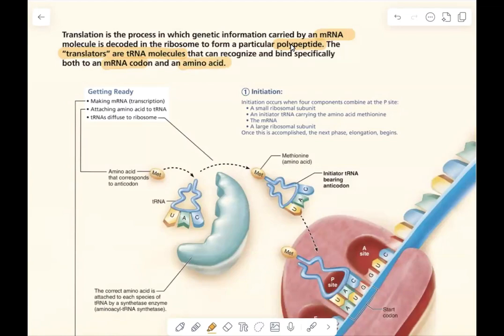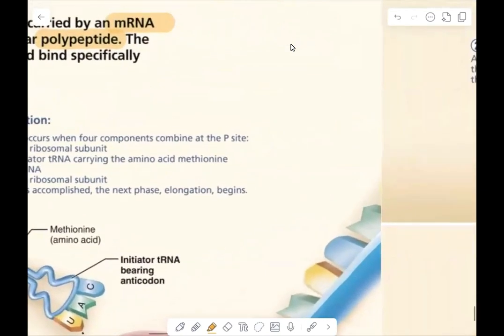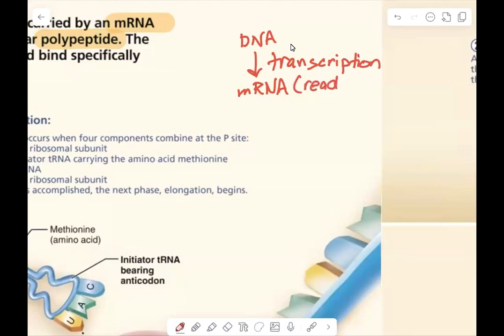So the big picture here, the simplified version, is that the DNA is going to be transcribed into mRNA, and that happens only in the nucleus. So that is transcription. That mRNA molecule is read by the ribosome, 3 letters at a time.